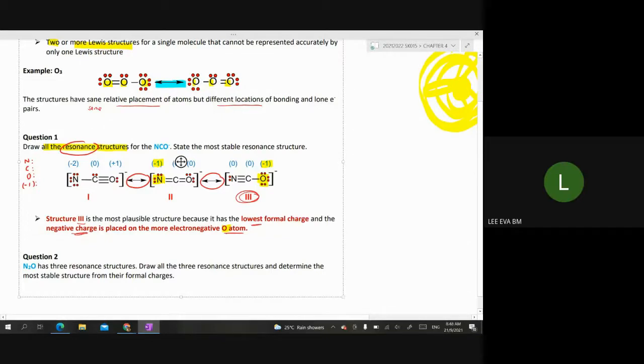Yes. So if it's the same, then the question will not ask about the plausible structure because it's the same value. Oh, okay, I see. Okay, thank you, madam. They are the same structures, but just different locations of the double bond. Because all three atoms are the same. So the formal charge will still be the same, but the question normally won't ask.